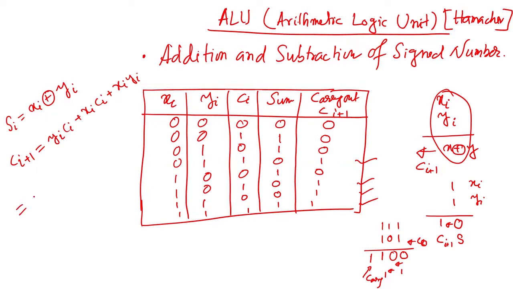So, this will be x I bar y I C I plus x I y I bar C I plus x I y I C I bar plus x I y I C I.